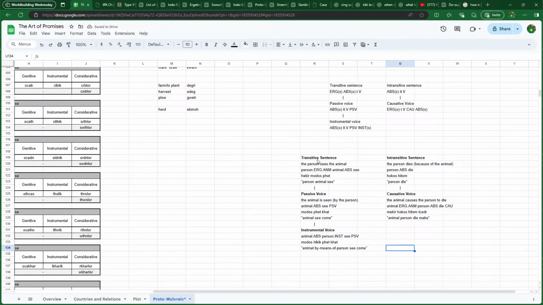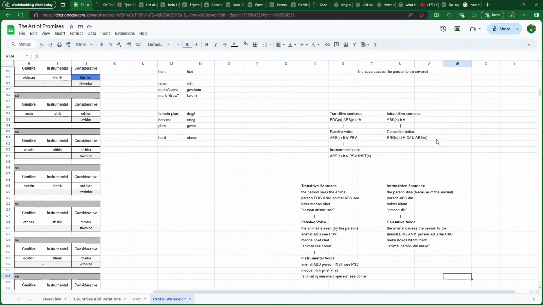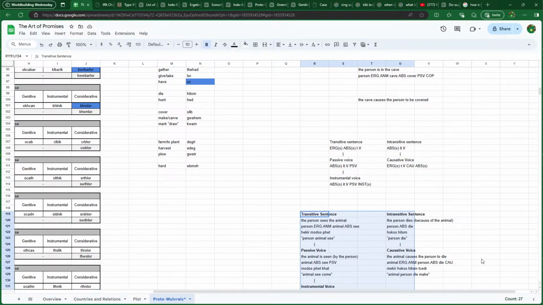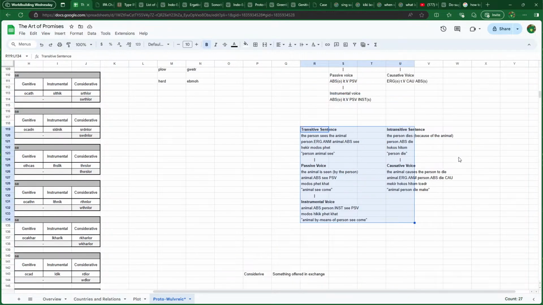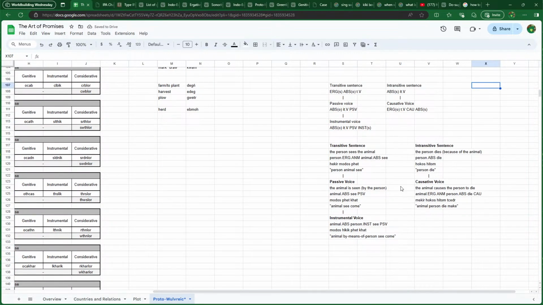So I hope that this makes literally any more sense than it did before. But that's pretty much how it works. This is basically our syntax cheat sheet here. This is how all of the sentences can change.